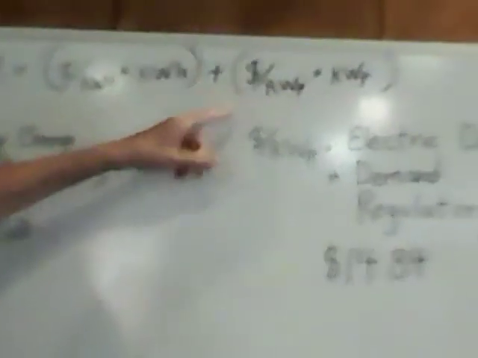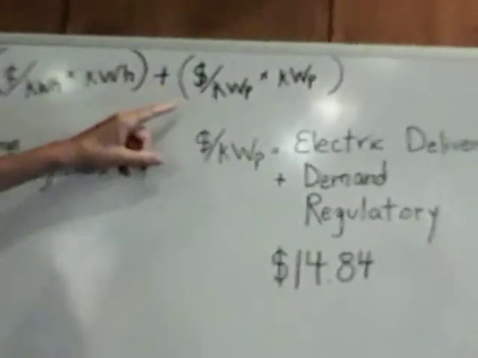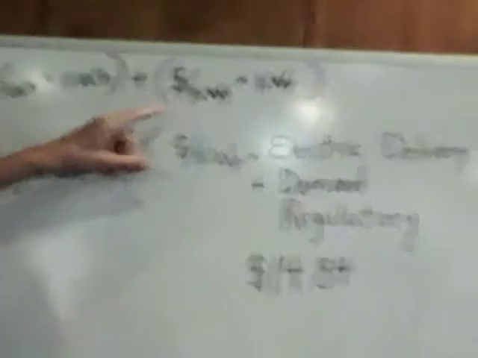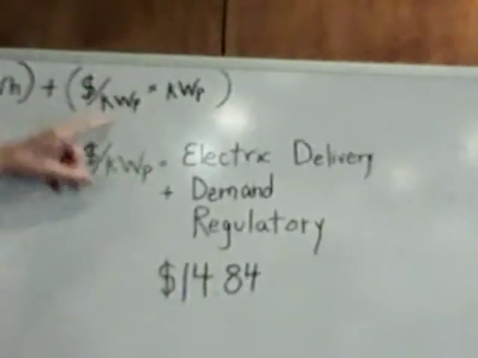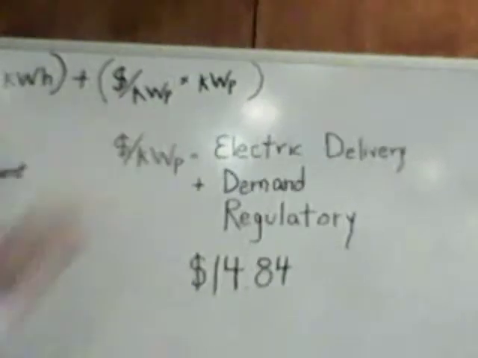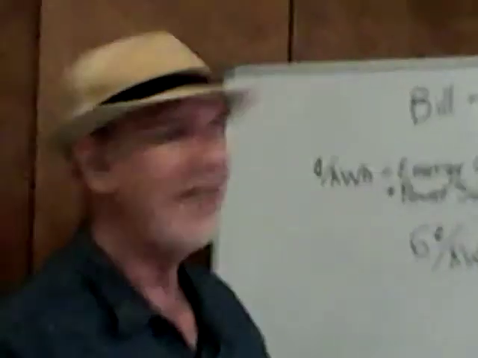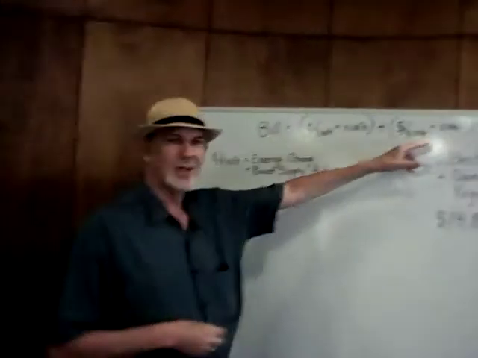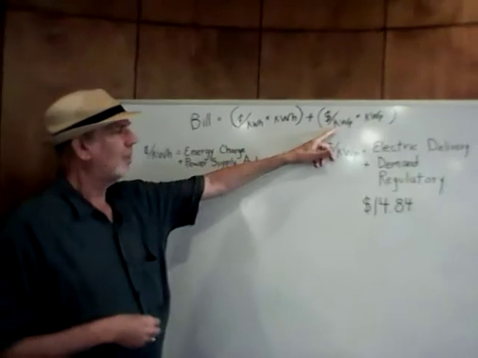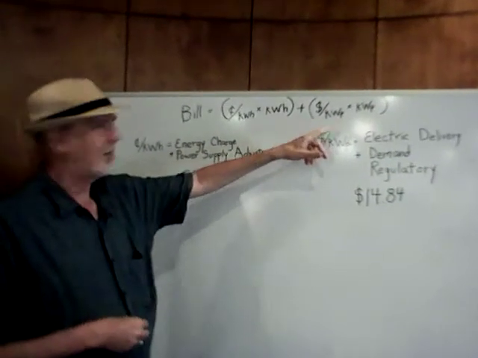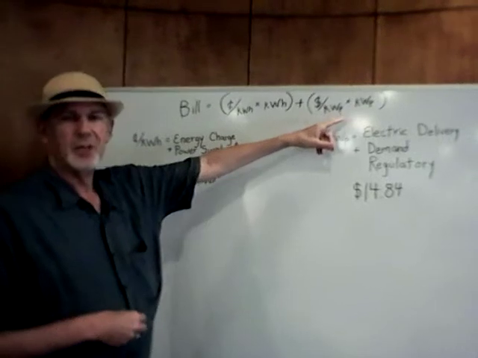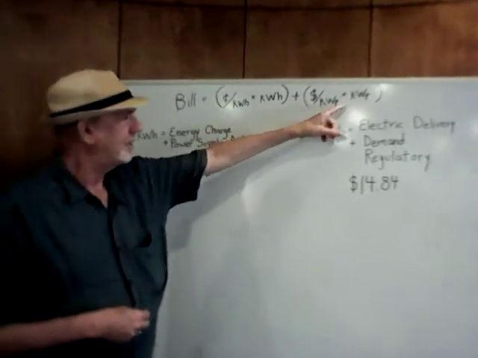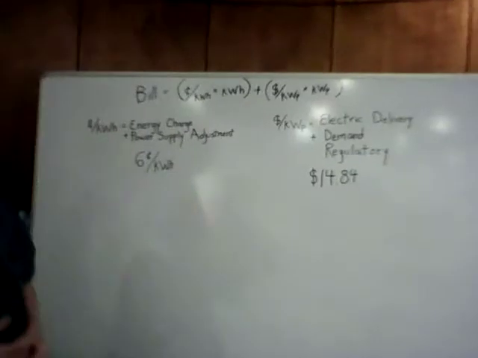The second term is the product of a number which is called the demand charge, but it's dollars per kilowatt peak. I'm going to explain shortly what a kilowatt peak means, but for the time being, trust me that this second term is the product of dollars per kilowatt peak, called a demand charge, and your measured peak kilowatts, kW small p, peak kilowatt demand.